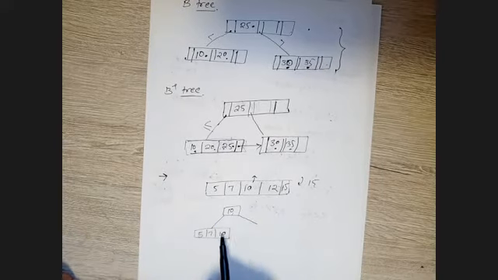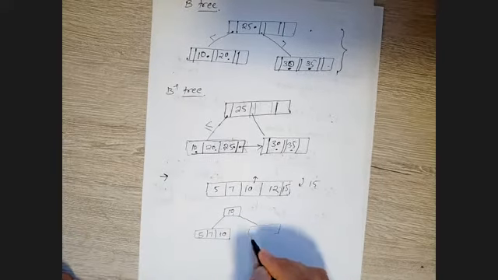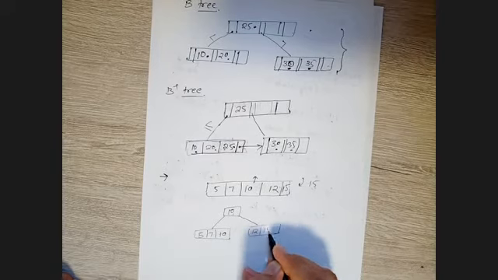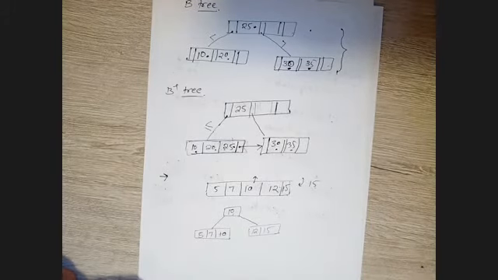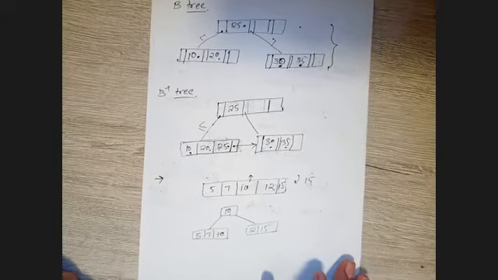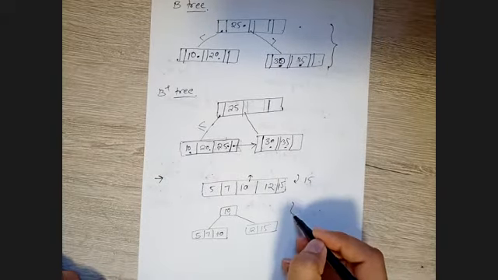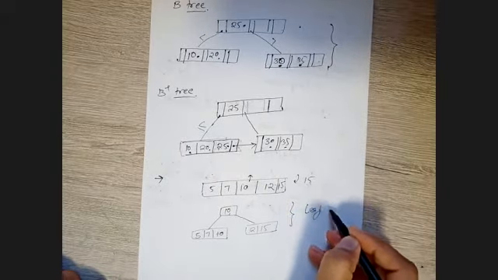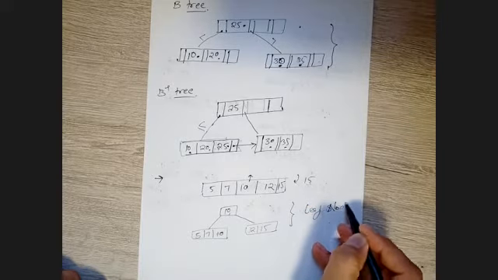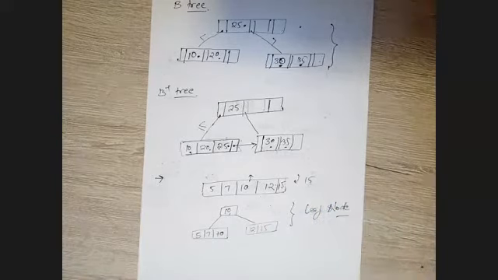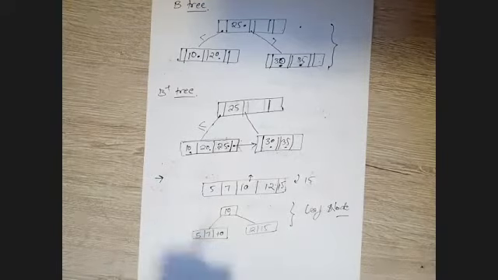I have kept them on the left side, and the rest of the elements here are as they are, 12 and 15, right? So this is the process of splitting. But remember, this only happens when there is a leaf node splitting. For the internal node, I told you, right? The split is the same as your B tree split, right? So internal splitting of B plus tree is the same as your B tree internal node splitting, right? Okay.